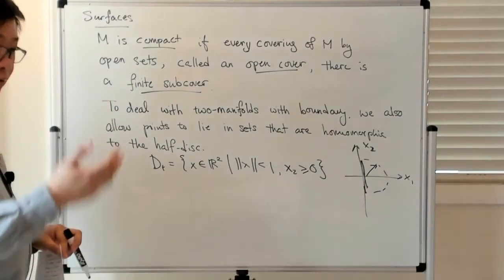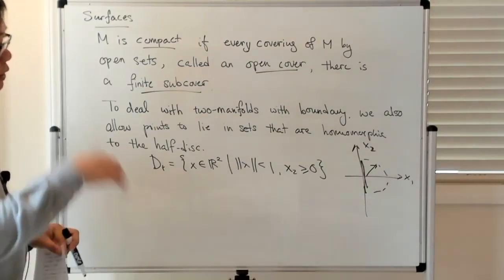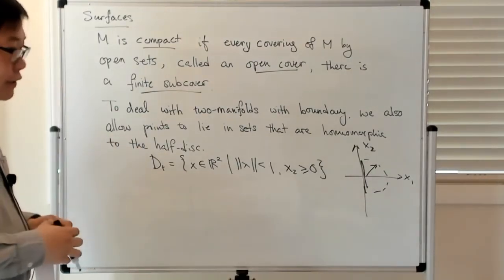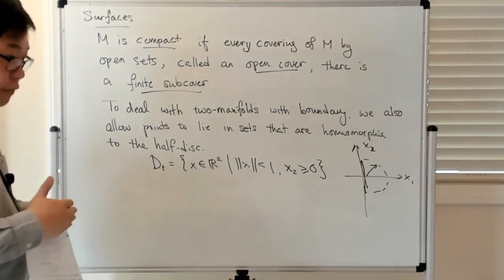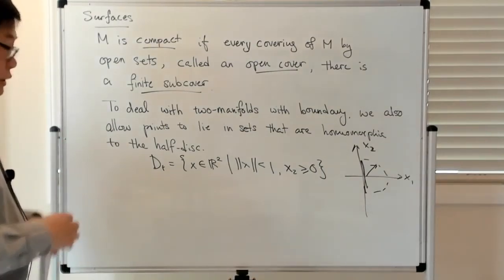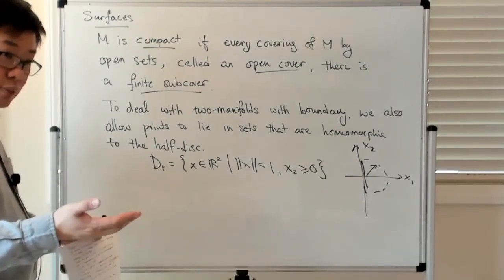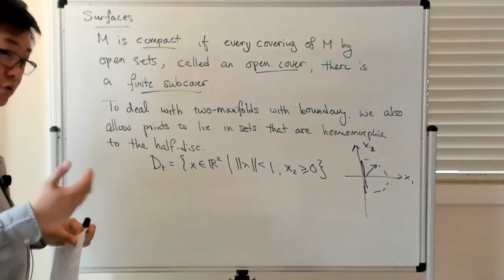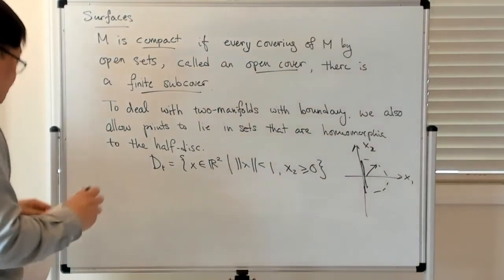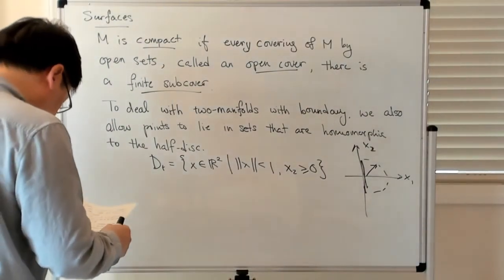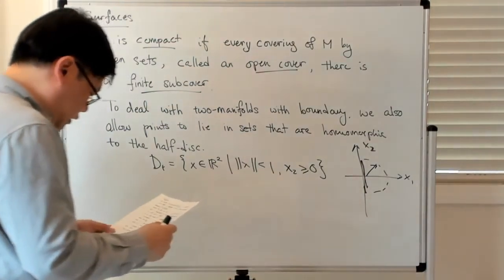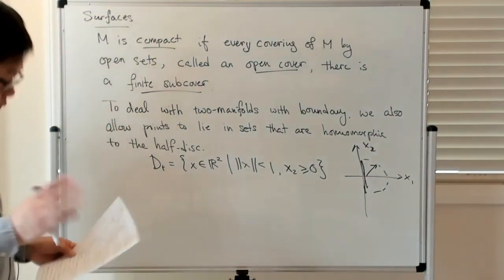Hopefully that clarifies it. Homeomorphisms are the relevant relationships between topological manifolds, and diffeomorphisms are the relevant relationships between differentiable manifolds, where you add a differentiable structure. That seems like a good time to stop, so I'll stop here for a minute.